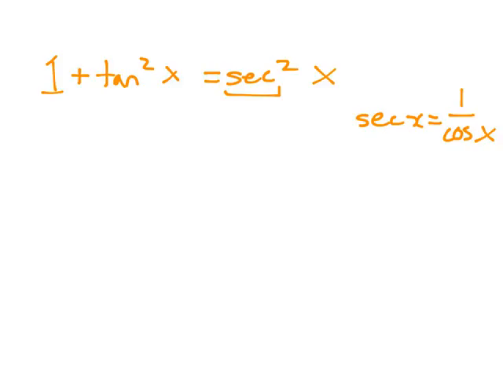If we assume our formula from earlier is true, and it should be because we proved it, we know that cosine squared plus sine squared is equal to 1.